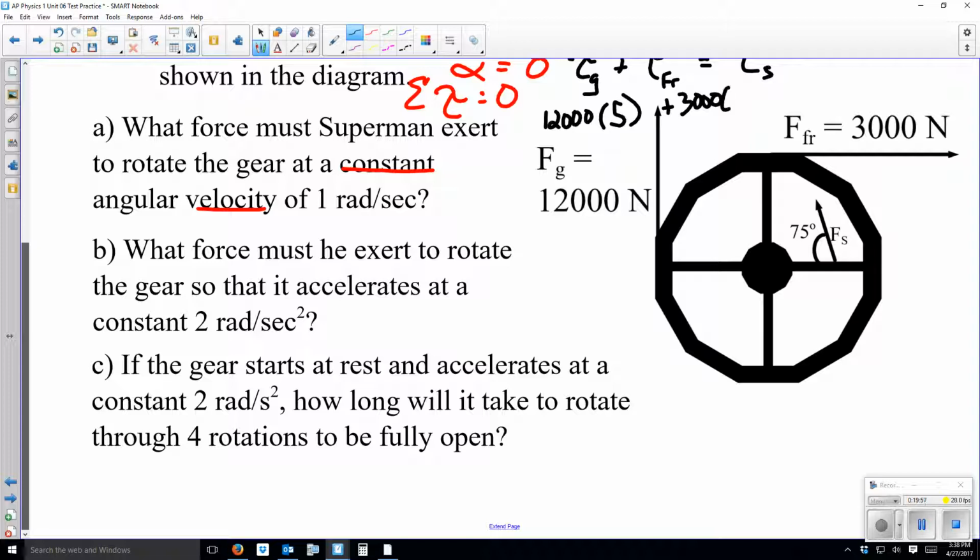But then we've got this force of Superman that we don't actually know what the force is, but we know from up above in the problem that he is exerting that force 3 meters away, and he is doing it at an angle of 75 degrees. So instead of being at 90, he's at 75 degrees. So not quite as efficient. For two reasons.